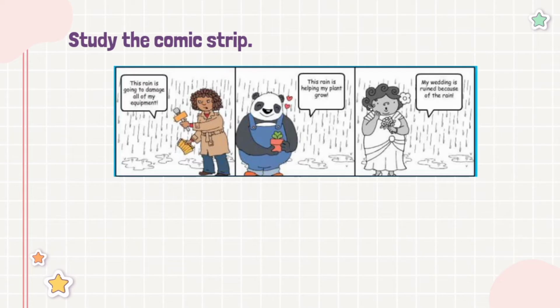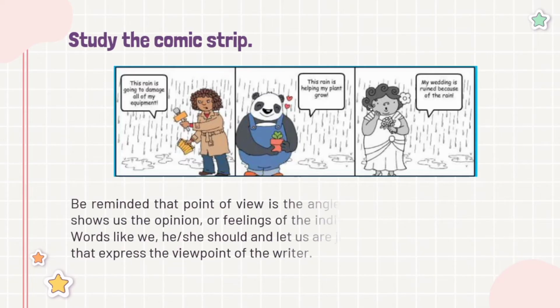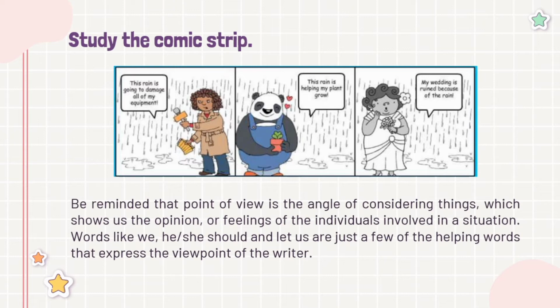And the last picture tells that her wedding was ruined because of the rain. So be reminded that point of view is the angle of considering things, which shows us the opinion or feelings of the individuals involved in a situation.